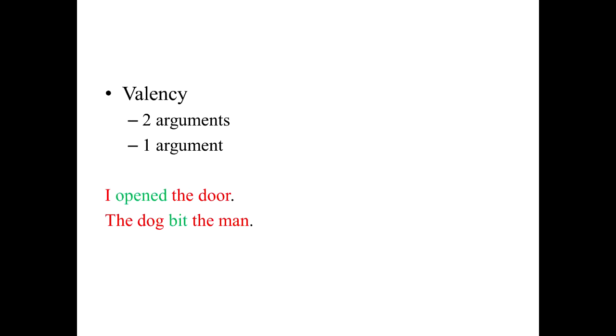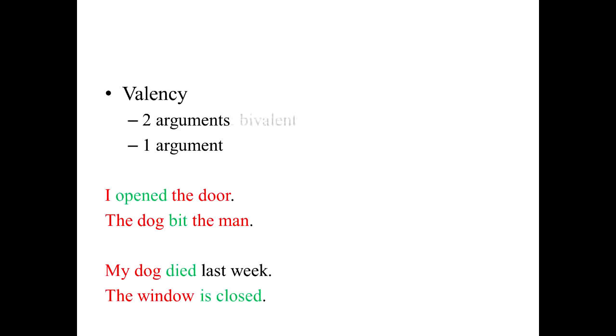For example, in sentences like I opened the door or the dog bit the man, there are two arguments in each sentence. And in sentences like my dog died last week and the window is closed, there is only one argument in each. So when the predicates require two arguments to appear with them, we say the predicates are bivalent. And when the predicate requires only one argument to appear, we say it is monovalent.